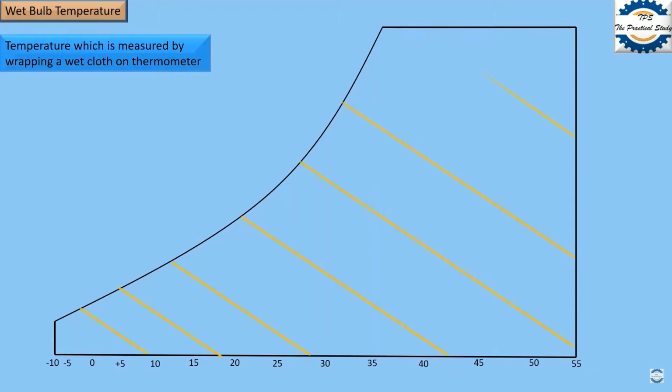These are the lines of wet bulb temperature, and here is its scale. So wet bulb temperature lines are inclined lines at an angle of around 25 to 30 degrees. These lines show the wet bulb temperature lines, and this scale shows the wet bulb measurement scale.